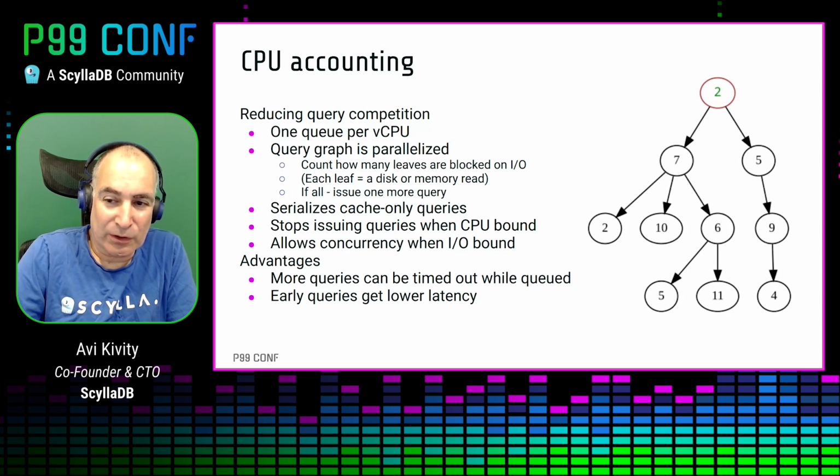And since the queries do not compete with each other, the early ones complete early and have less chance of timing out while executing. So remember, we want to time out queries while they're sitting in the queue and haven't consumed any resources yet.